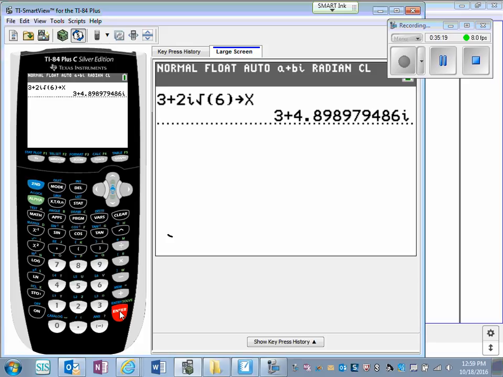So it's right above the on. Alright? So now that you stored this into X, you can just go plug in your original equation.